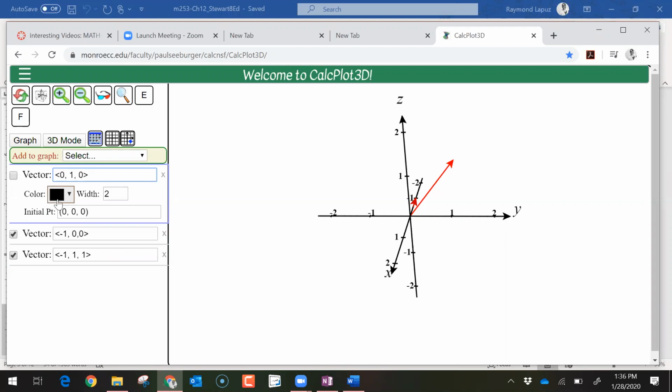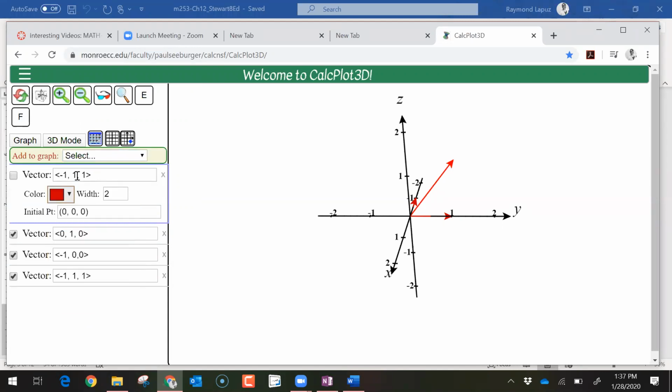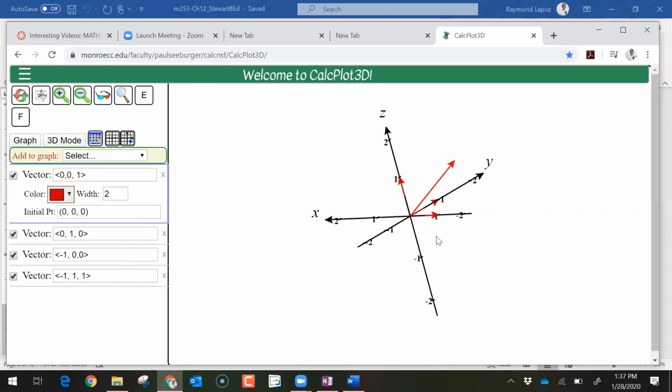Yeah, 0, 1, 0. All right, so I have 3 vectors coming from the origin.